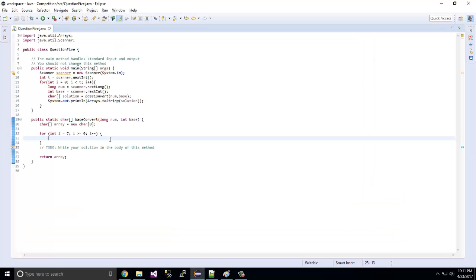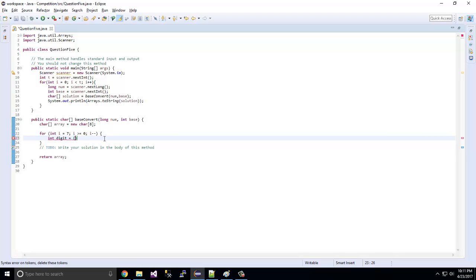So for each of these, we need to calculate how many we have of that digit that can fit into our running total. And our running total will keep stored in num. We don't have any need for the original value, so we can just use this num variable and change it. So our current digit then, to find out how many of something we can fit into another number, we just divide.